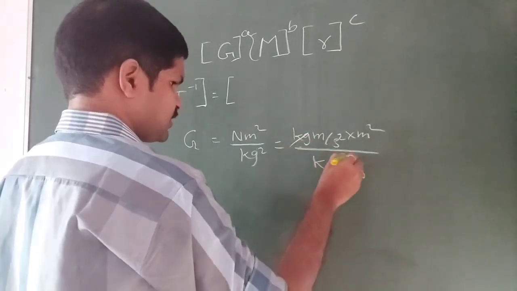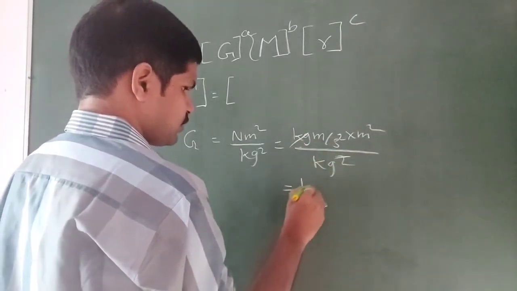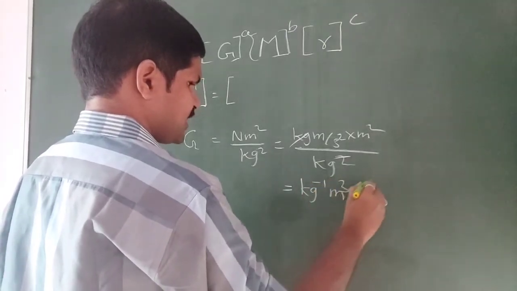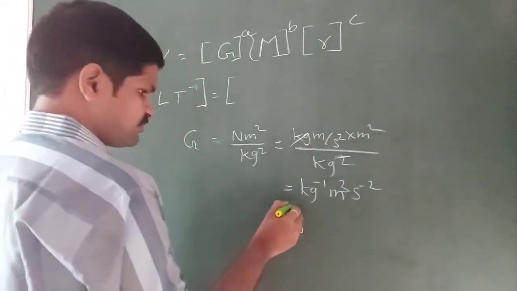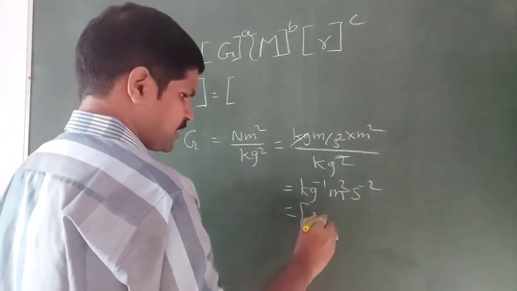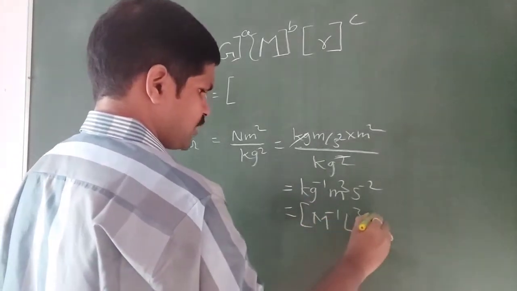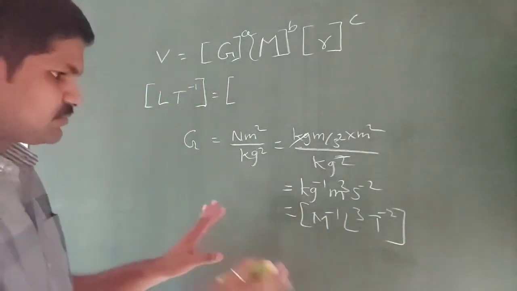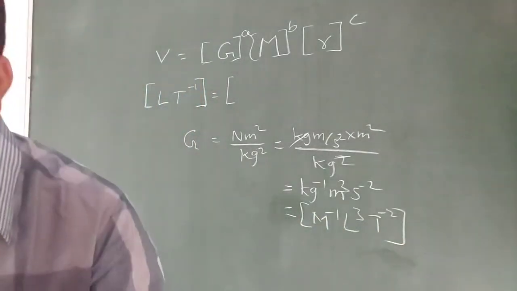Here kg will get cancelled, so we get kg inverse, meter cube and second power minus 2. That means its value is M power minus 1, L cube and T power minus 2. So this was the dimensional formula for G.